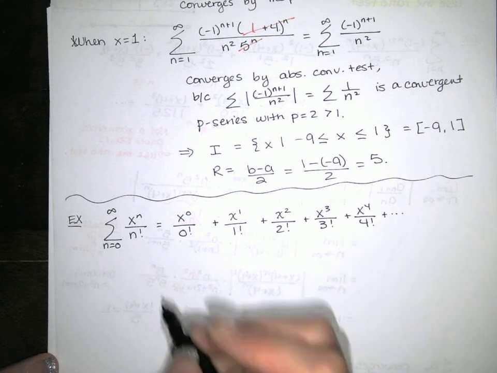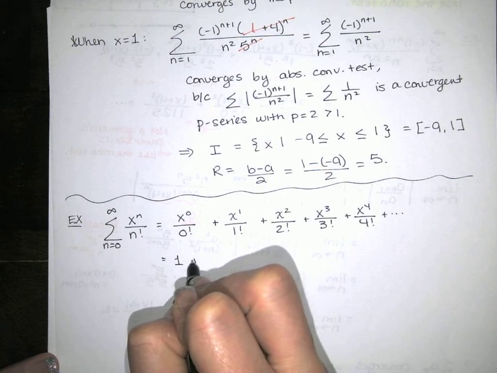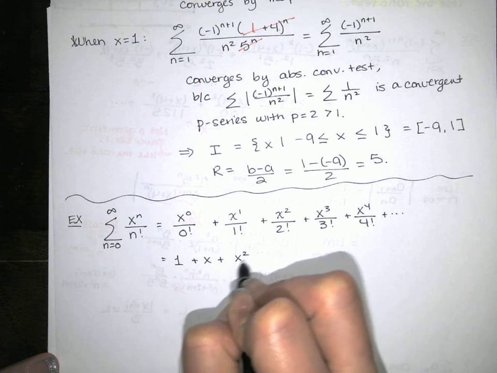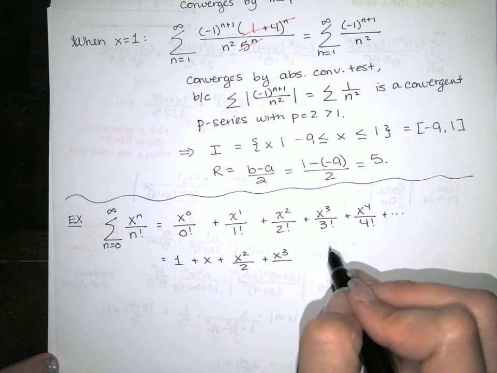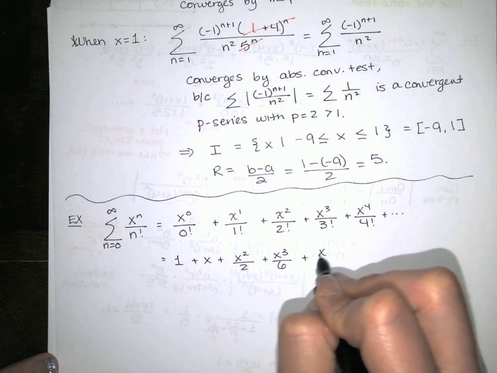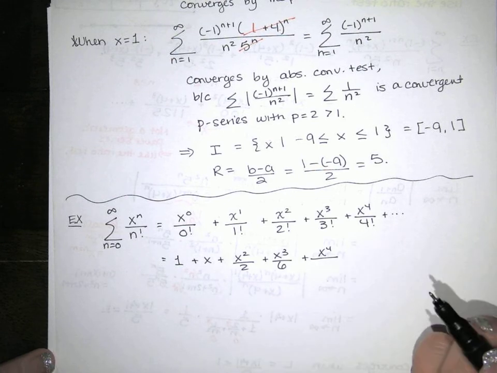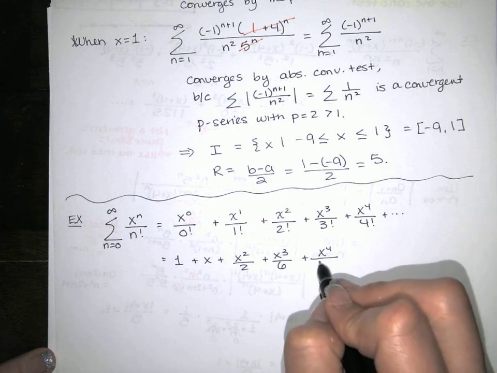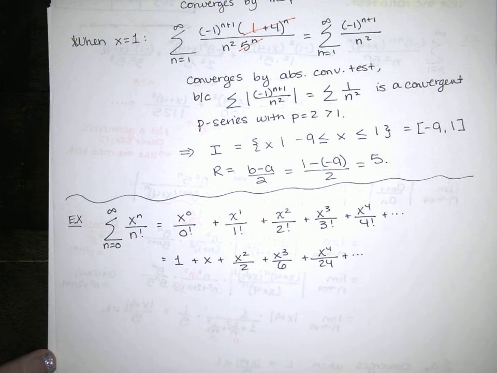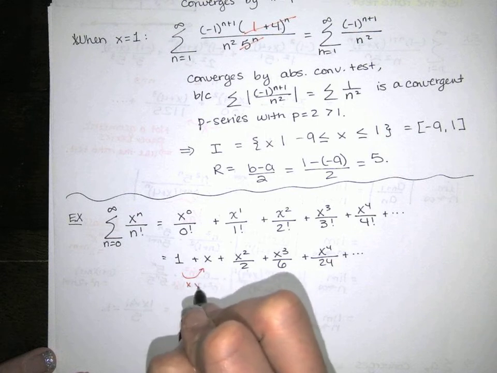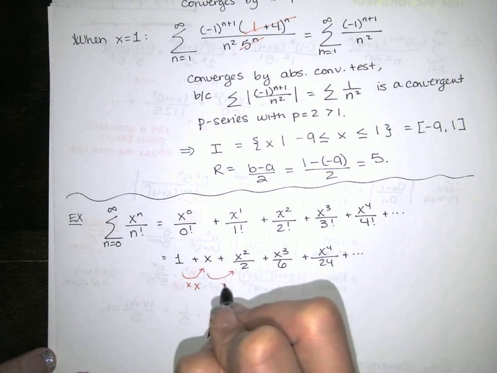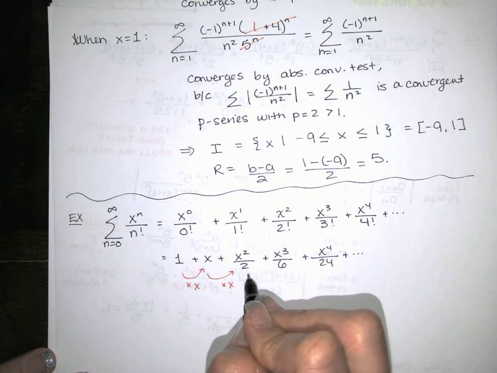Keep going. And then this simplifies to 1 plus x squared over 2 plus x cubed over 3 factorial. It's 3 times 2, which is 6. X to the fourth over 4 factorial. 3 times 2, which is 6, times 4 is 24. And you keep going. Okay, question is it geometric? To get from here to here, you multiply by x. If you multiply this one by x, do you get that?